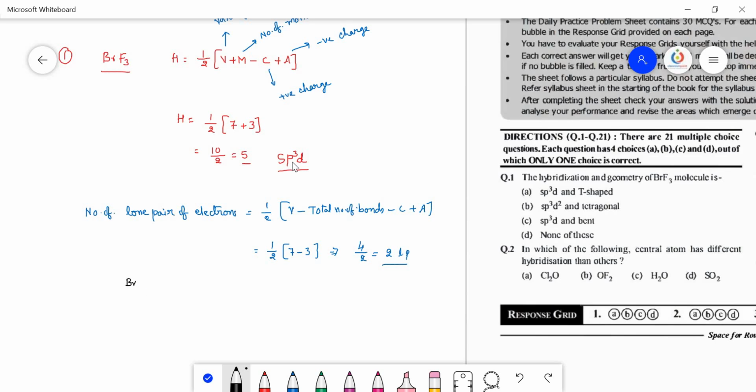Actually, whenever sp3d hybridization is there, the shape of the molecule is trigonal bipyramidal. The shape of the molecule looks like this.